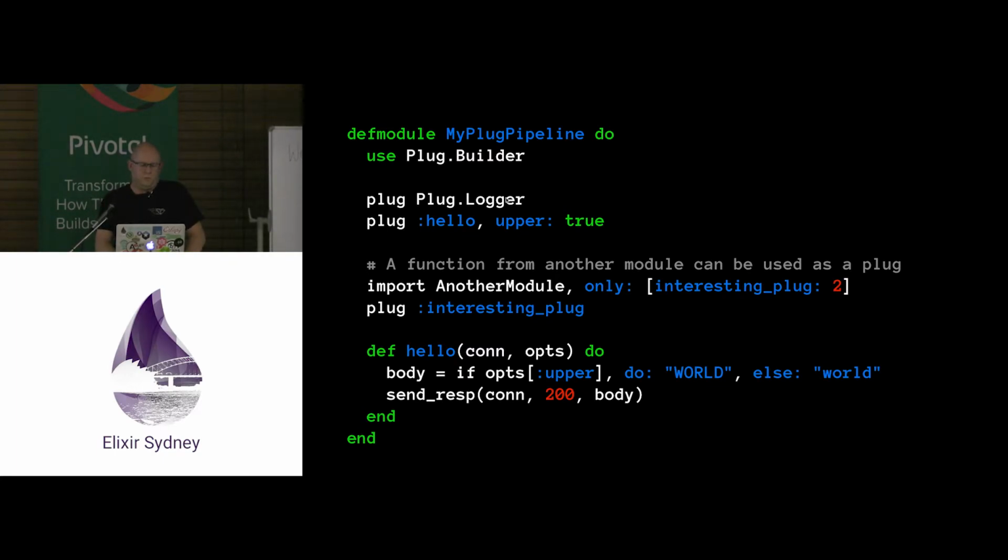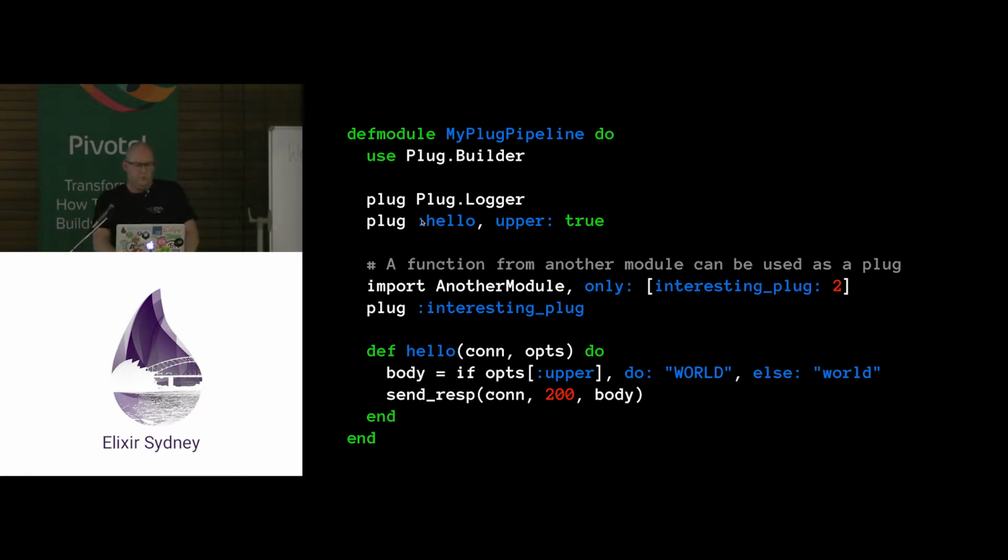So here we've got something that logs out the HTTP request. We've got a hello thing, which is basically down here. We'll look at that in a sec. We've got some configuration options there. We say make hello world turn into an uppercase. We can pull in plugs from other places. Essentially, it just has to be a function in the local module, and you give it an atom, and that calls that plug.